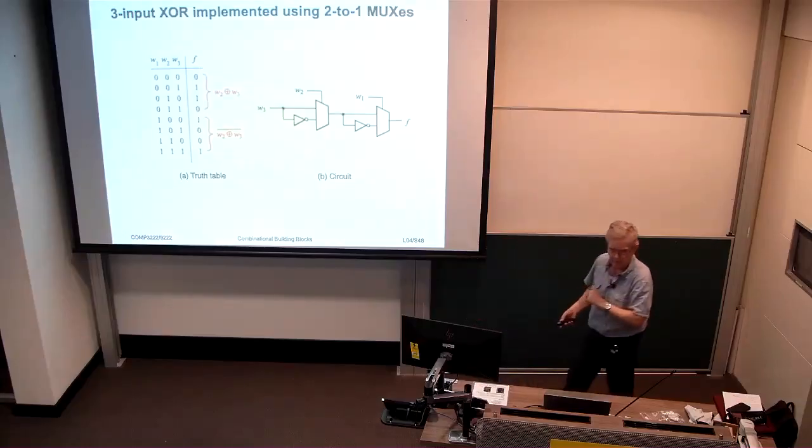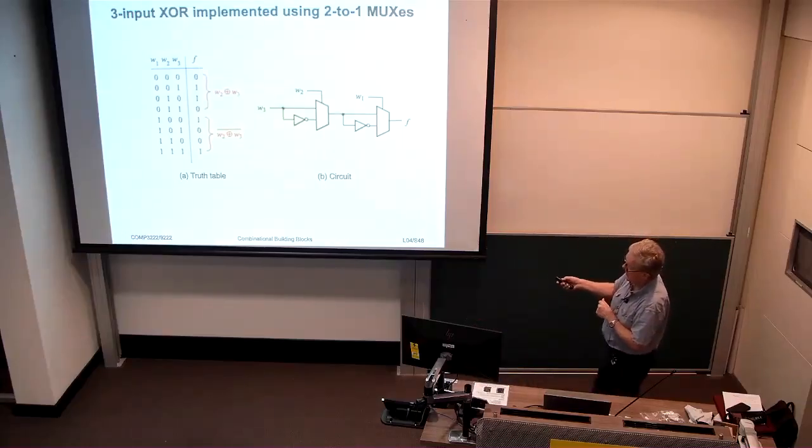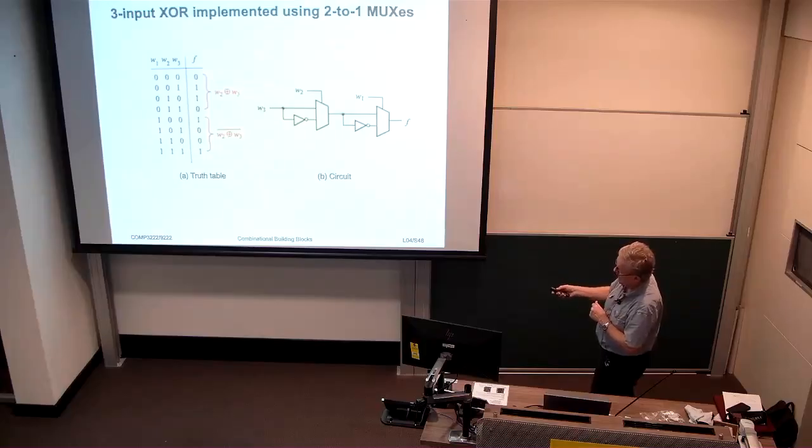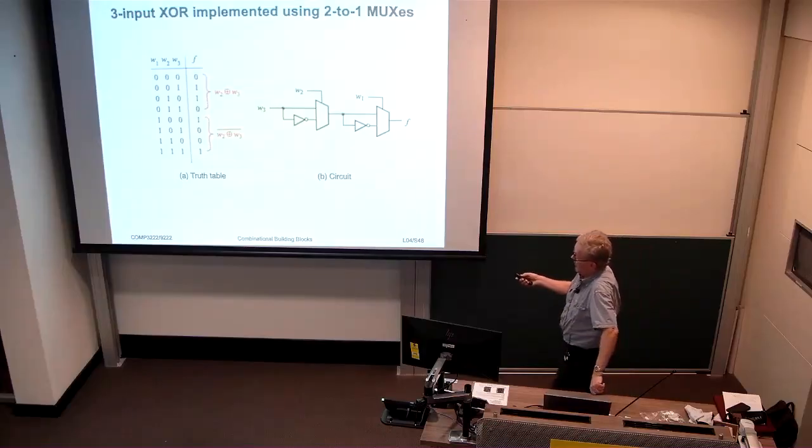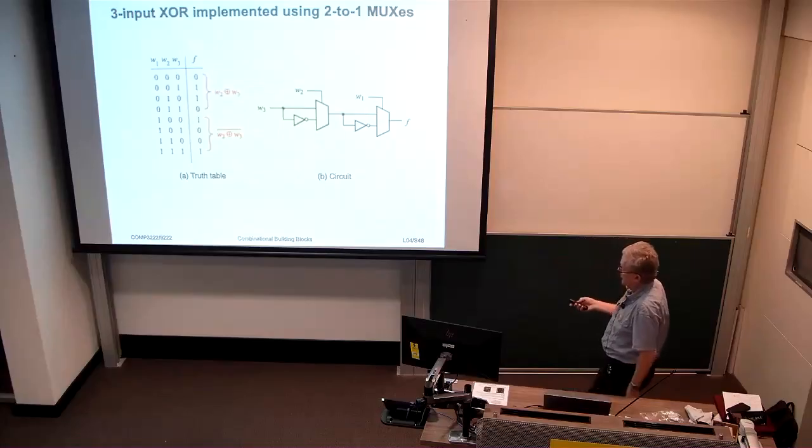I'll leave it to you to think about it in detail a little bit more, but really W1 is determining whether we're in the top half of this truth table or the bottom half, whereby we have the first mux here computing the exclusive OR of W2 and W3, and that then is what gets routed out to F when W1 is 0, the exclusive OR of W2 and W3. Otherwise, it's the exclusive NOR, so the complement of W2 exclusive OR W3 that's routed through to the output F.